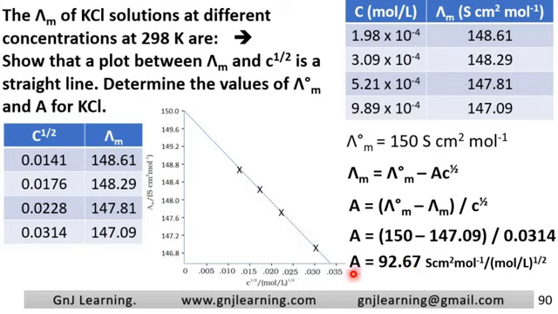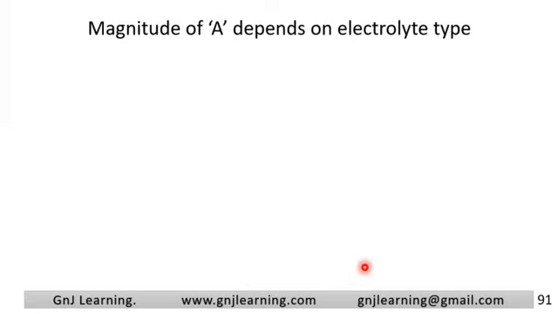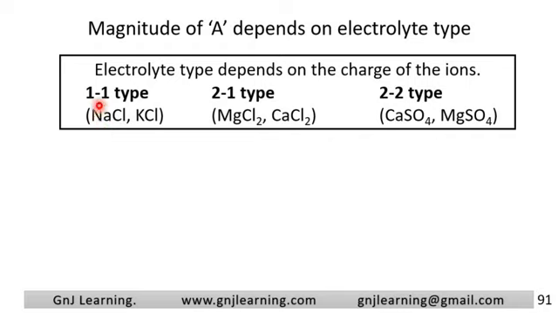A depends, as we said, on temperature, electrolyte type and solvent. So the magnitude of A depends on electrolyte type. What does this mean? We have different types of electrolytes. You can see NaCl and KCl belong to the 1,1 type, MgCl2 and CaCl2 belong to the 2,1 type, and CaSO4 and MgSO4 belong to the 2,2 type. What does this type mean?